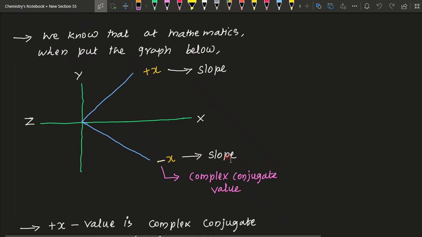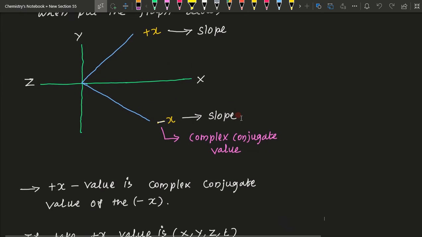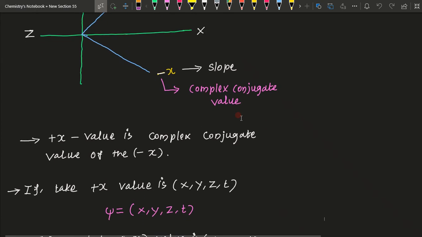This is the minus x slope, this is the positive x slope. This minus is the complex conjugate value. This minus x is the complex conjugate value of the plus x.